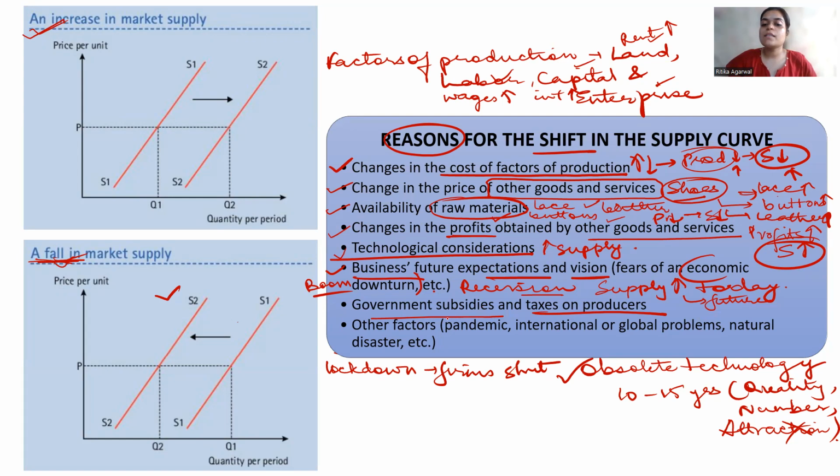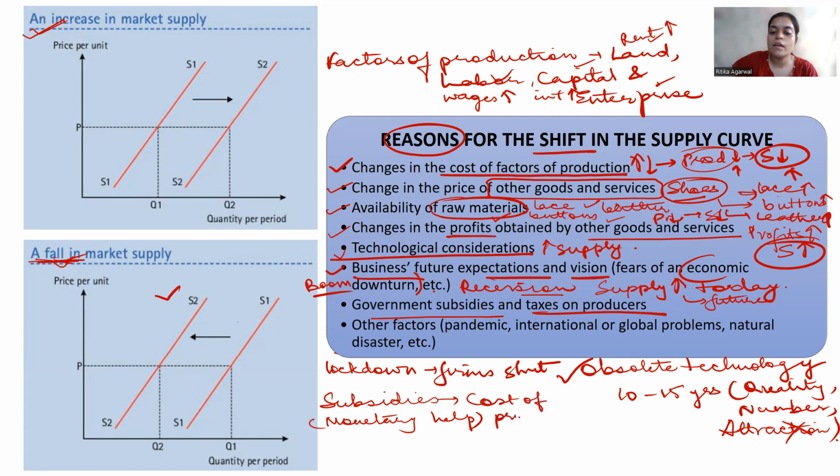As I just explained, subsidies are monetary help by the government that leads to cost of production decline. If the cost of production declines, the production of goods and services is likely to increase. That will further increase the supply, and the supply curve will shift rightwards from S1 to S2.